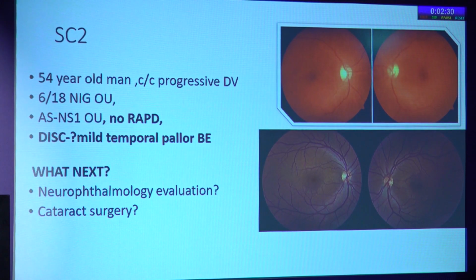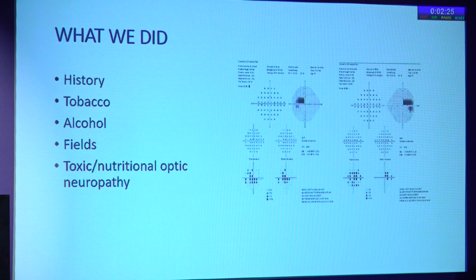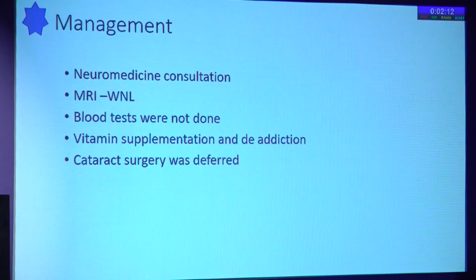Our confusion was whether to go ahead with a neuro-ophthal evaluation or do a cataract surgery. So that's when we perused the records and found that he was a tobacco and alcohol addict, and then we started thinking about the possibility of a toxic optic neuropathy. The fields came up with a centrocecal scotoma, but before labeling it as a toxic or a nutritional optic neuropathy, even in this patient, it's very important to rule out a compressive optic neuropathy.